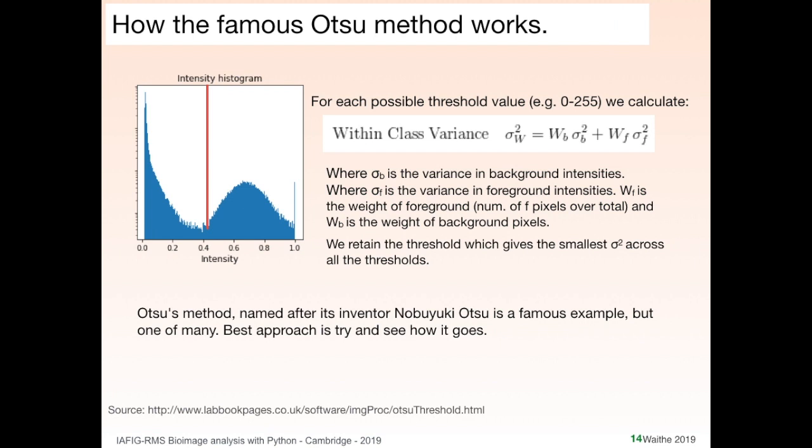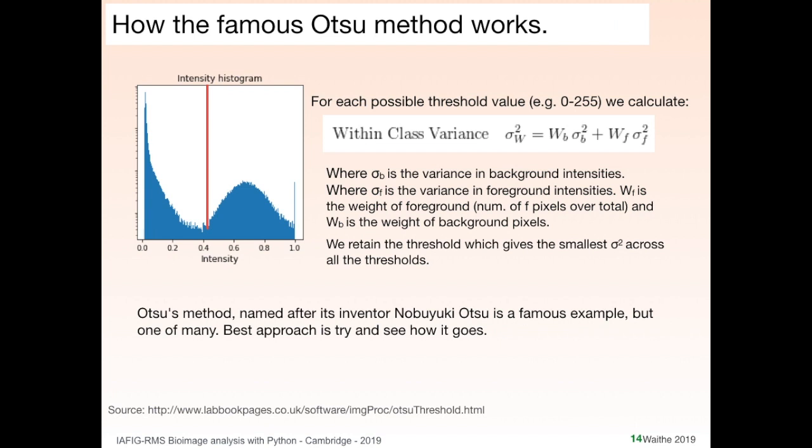So for each possible threshold, we walk through, and then we calculate the variance in the background intensity. So at that particular potential threshold, all the variance in the background pixels and in the foreground pixels. And then we weight each of these variances by the number of pixels that contributed to either foreground and background at that threshold.